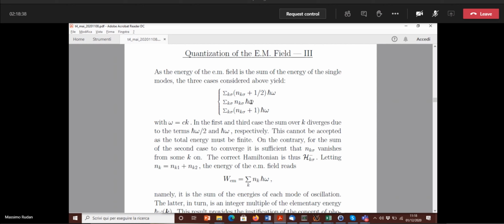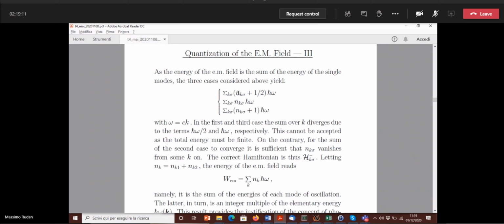It is true, omega does diverge when we increase the modulus of k, but the number n may be 0 from some point on. That means, using the language of quantum mechanics, that there are no photons of high energy, because the number n is 0 itself, okay?